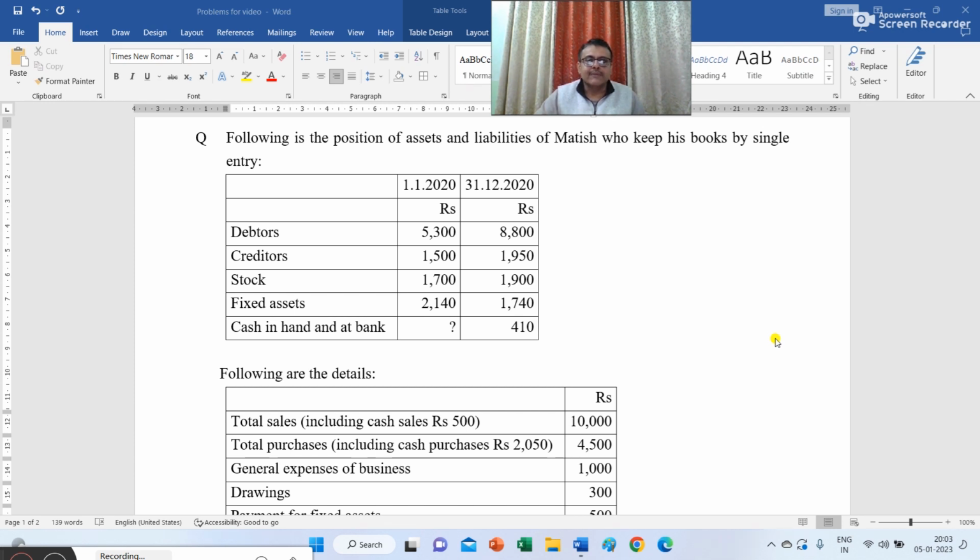Stock 1,700 and 1,900. Fixed asset 2,140 and the closing balance of fixed asset is given as 1,740. The opening cash and bank balance is unknown. We have to find it out. And the closing cash in hand and at bank is 410.